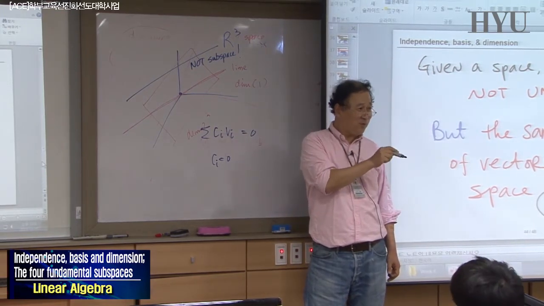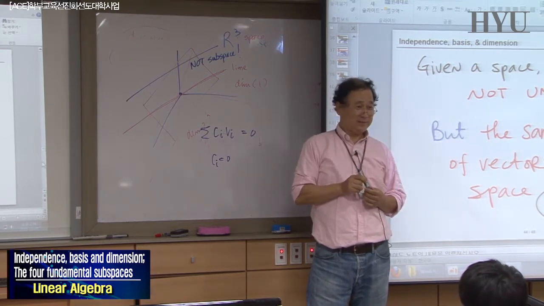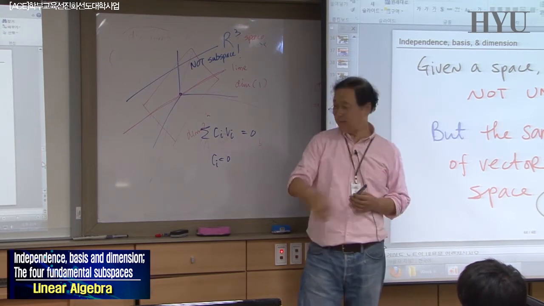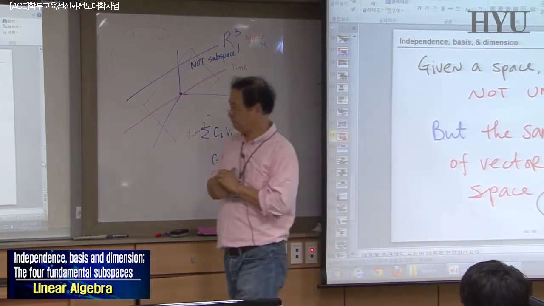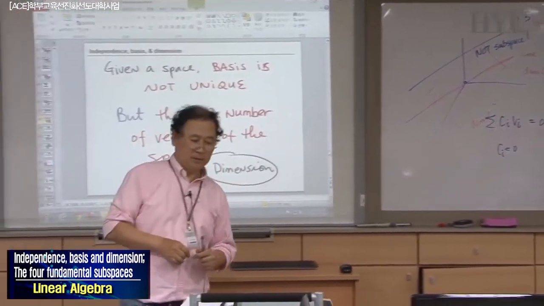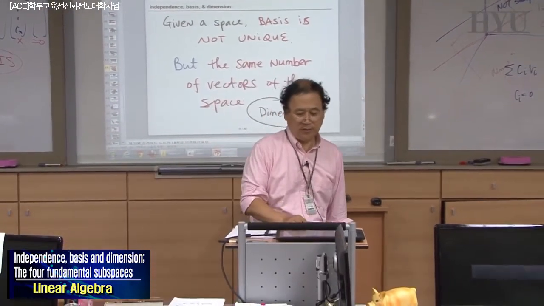Unless you include the origin point, it couldn't be a subspace. This special combination is when you multiply by 0, then add them. So this is called dimension. The concept itself is not that difficult, just simple.